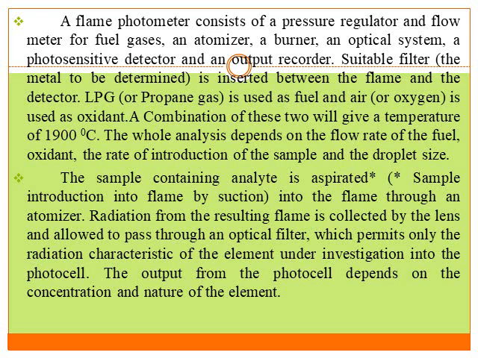So the metal atoms remaining in the ground state absorb a certain light intensity. That is nothing but the absorbed intensity, and that absorbed intensity corresponds to the number of atoms present in the ground state. From that we can calculate the concentration of the particular element or metal.